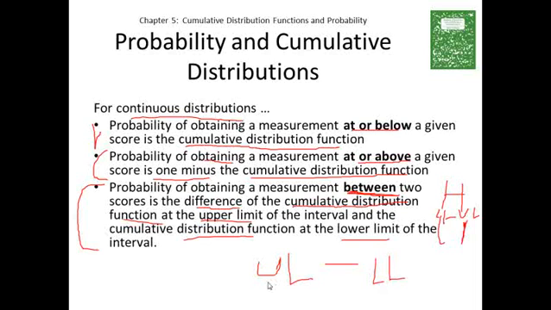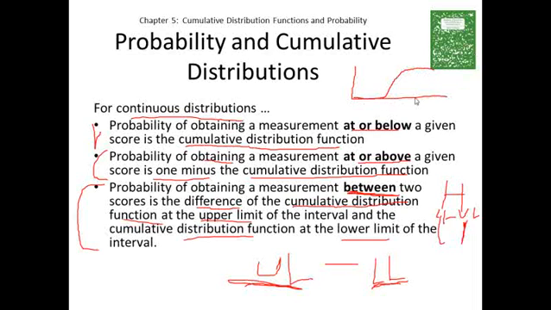Why will this work? Well, the cumulative distribution function at the upper limit is the full probability of being up to that point. The cumulative distribution function at the lower limit is the probability of being up to the lower limit of the interval of interest. And so by taking the full distribution function, for instance, I'll draw it here.